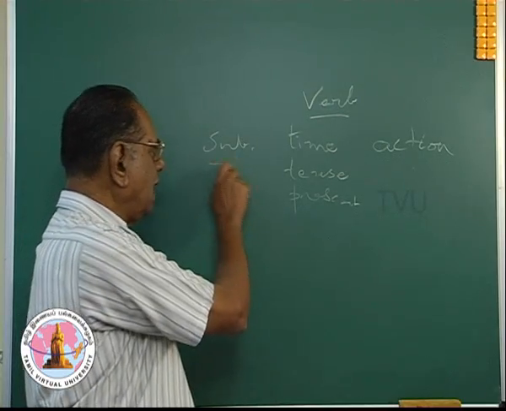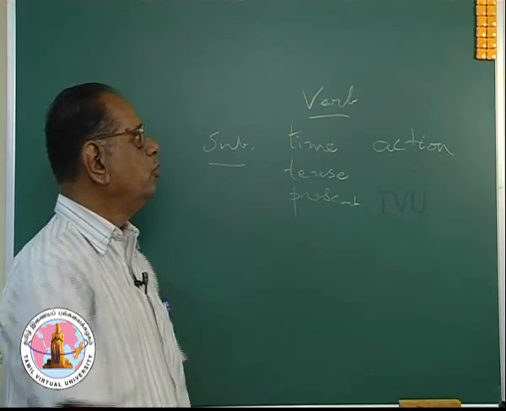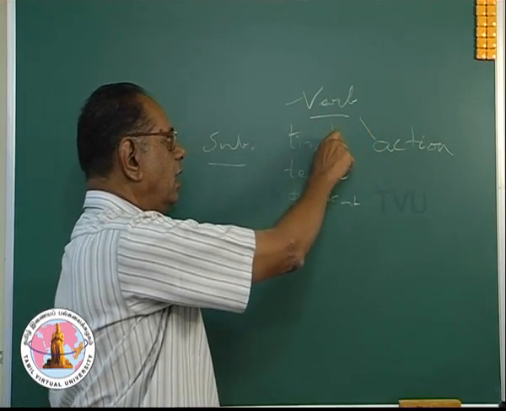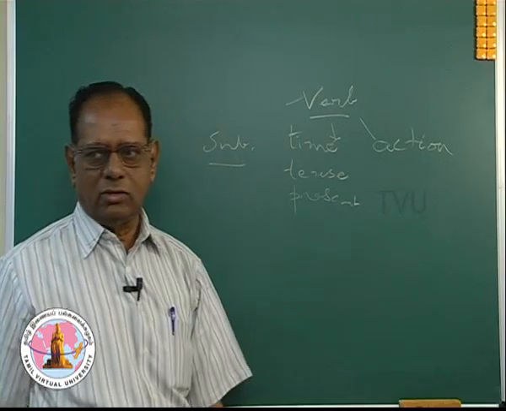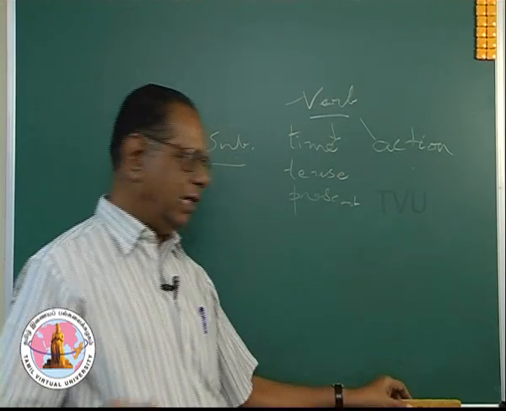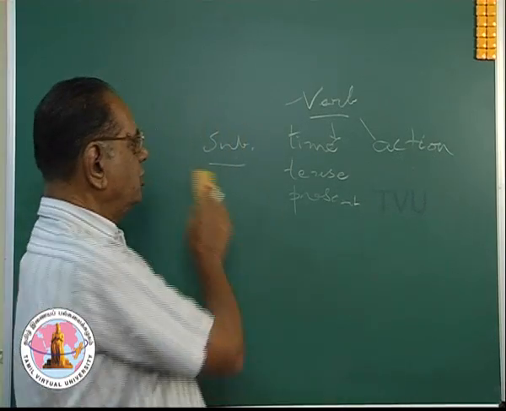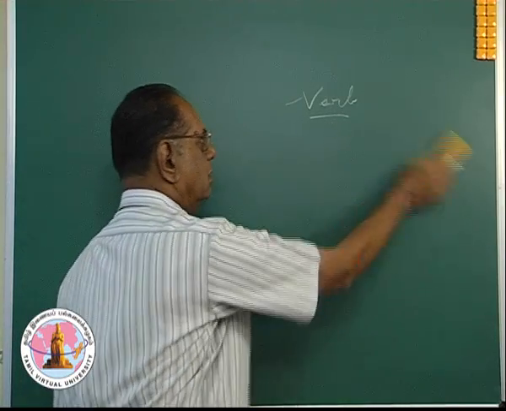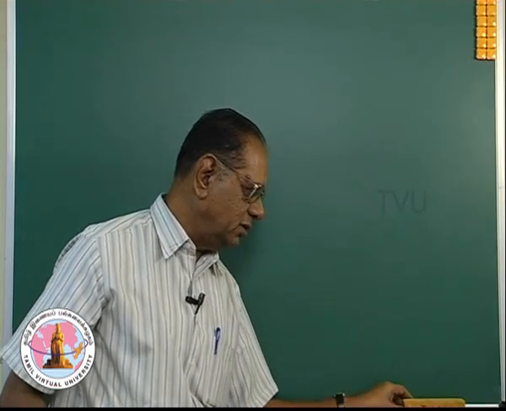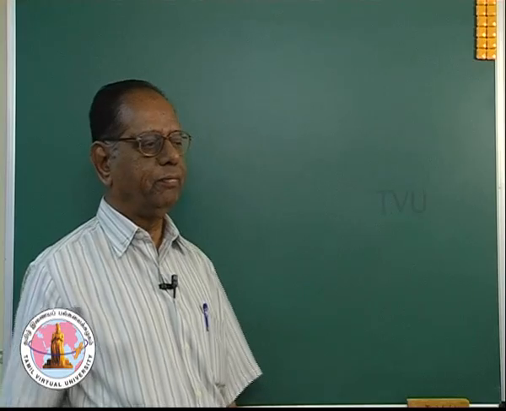So you must have a subject, you must have a verb which will denote the action and the tense or time. I shall make use of a few examples in English so that when we proceed to the Tamil structure, it will be easy for you to follow.